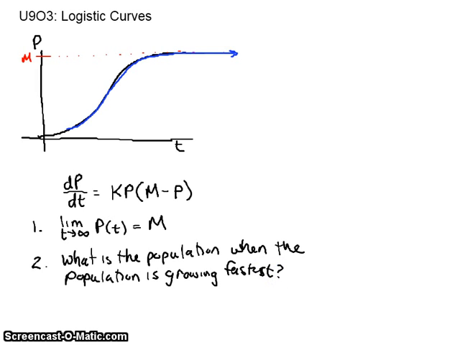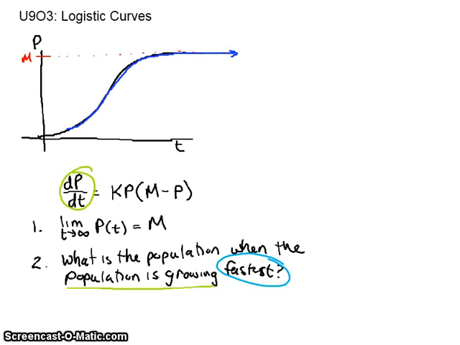They might also say at what time is the population growing the fastest, but it's going to come down to something about the population growing the fastest. So population growth is in the question. So population growing, that's our dP/dt. And then they want to know, when is that happening the fastest? So that's talking about a maximum.